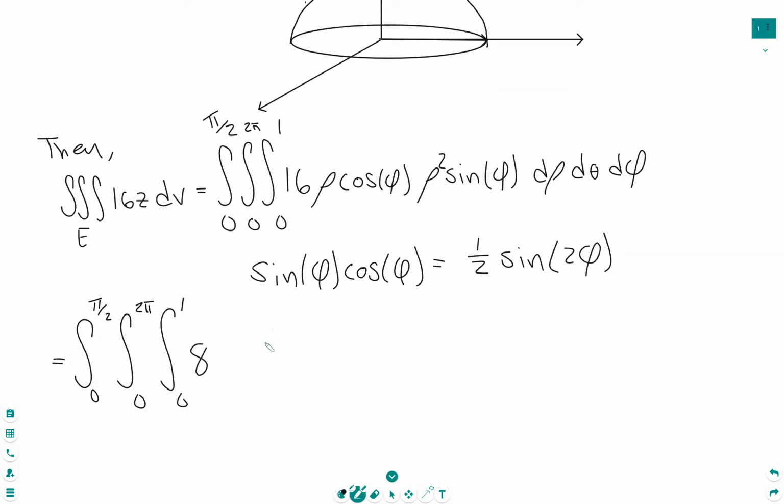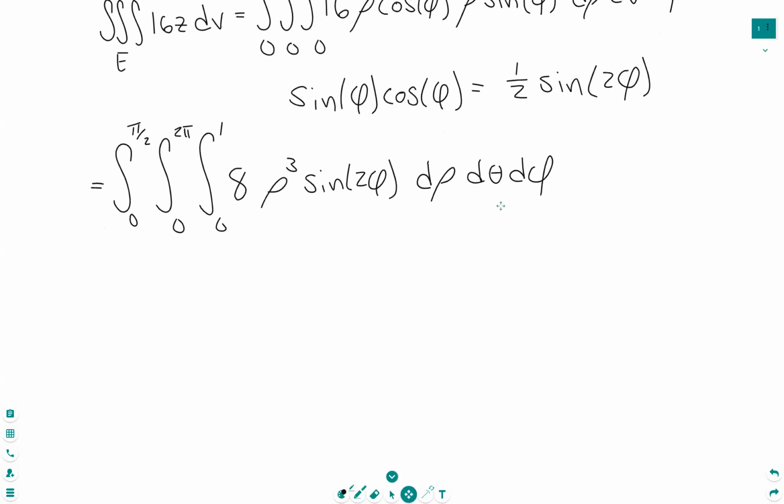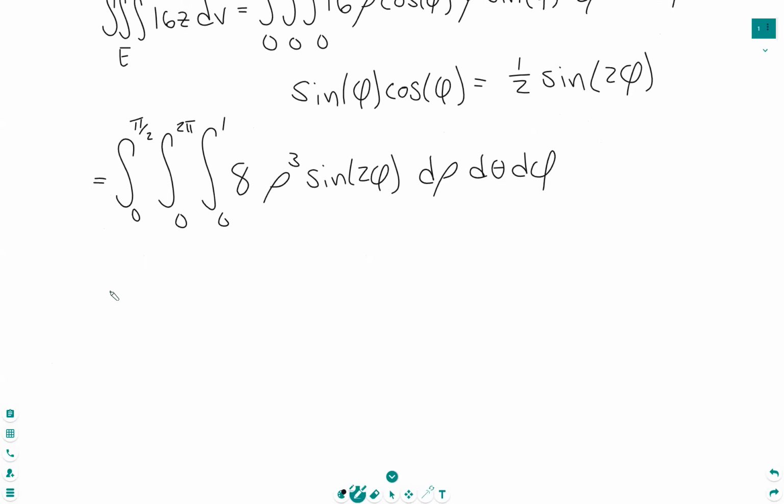So we have 8 times a rho cubed, since we have a rho and a rho squared here. Then this cosine sine becomes sine of 2 phi, d rho d theta d phi. That looks easy enough for us to integrate.